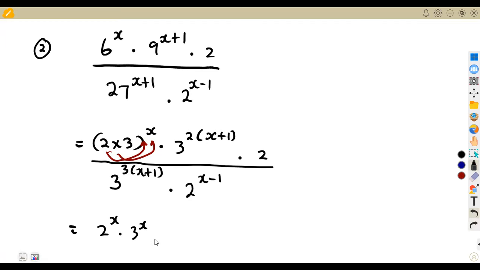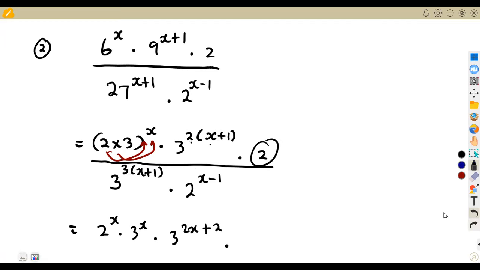Then on this part, there's an exponent and another exponent, so we multiply everything. So 2 is going to distribute everything. This will be 3 to the exponent of 2 times x, which is 2x, then 2 times 1, which is going to be a 2, all right?